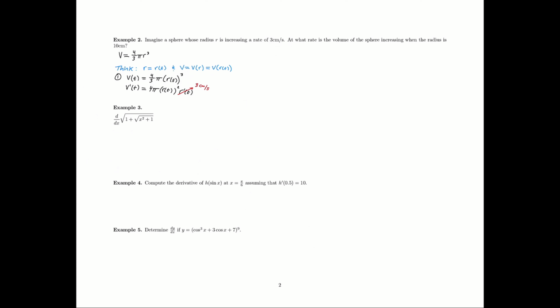And then we're also told that we want to know this rate of change when the radius is 10 centimeters. So we don't actually know what time corresponds to the radius being 10 centimeters. So although this equation does have time in it, we only know that it implicitly depends on time.